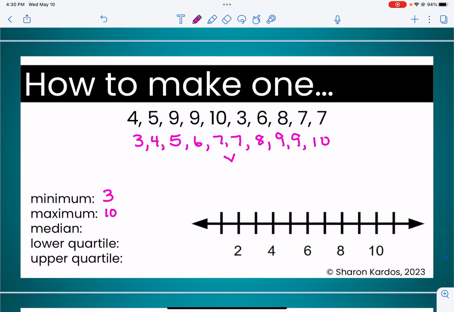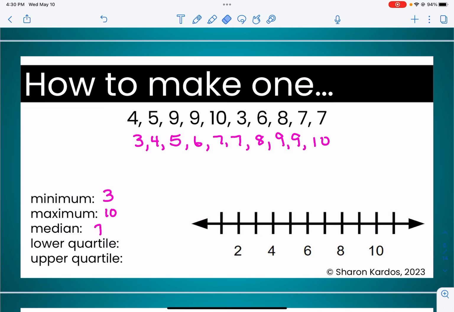So I would average those 2, and the average of 7 and 7 is just 7. If it had been 7 and 8, it would have come out to be 7.5. So whatever your 2 middle numbers are, that is what you would average. If you have an odd number of numbers, it would just be whichever one number is in the middle. So 7 is my median.